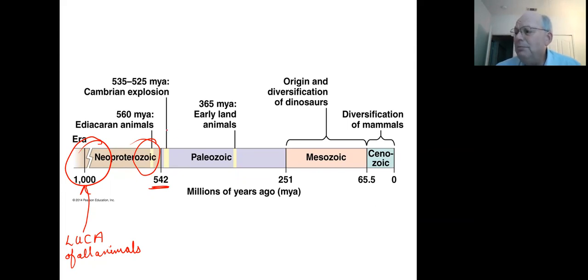We have this 10 million year period where we see the emergence of animal phyla, and certainly the diversification of bilaterals. That doesn't mean that bilaterals are not present in the Ediacaran. They most definitely are. So are radiata, animals with radial symmetry. But the diversification that occurs in the Cambrian explosion period is a diversification of bilaterals primarily.